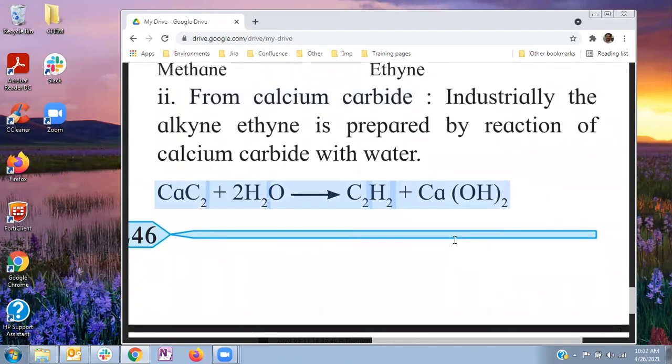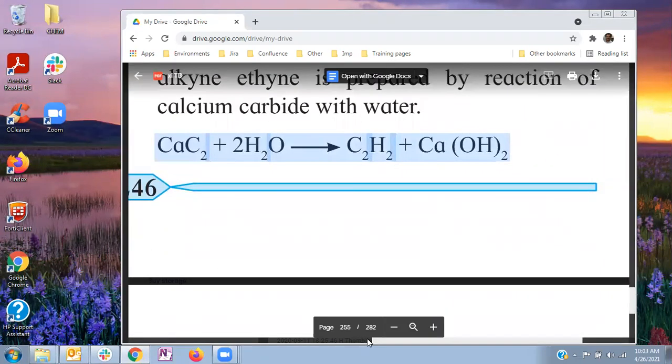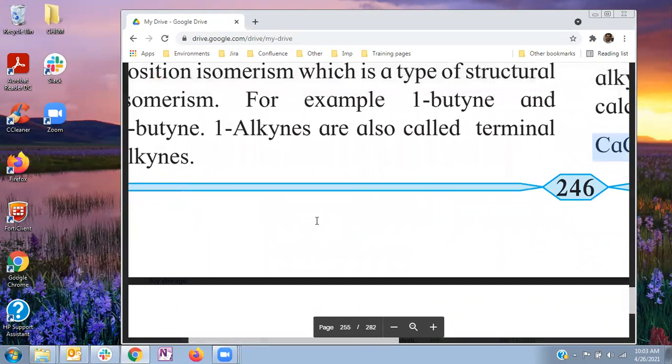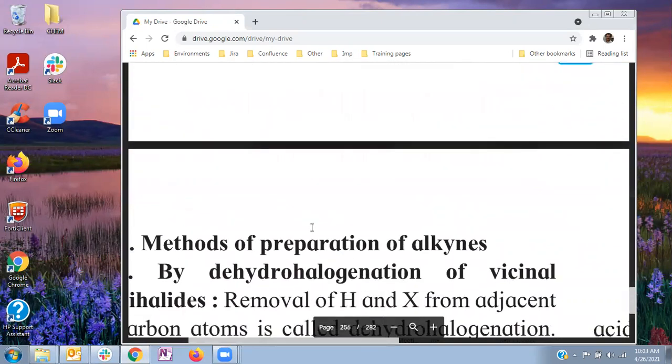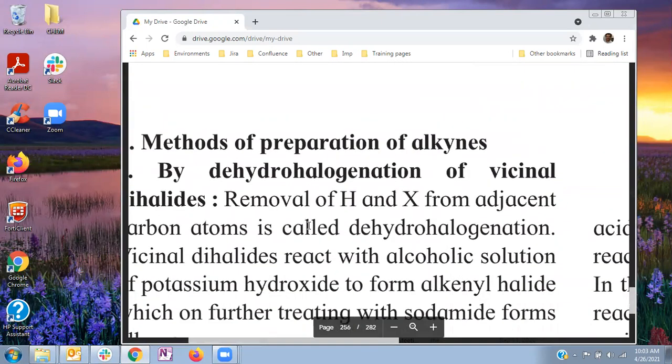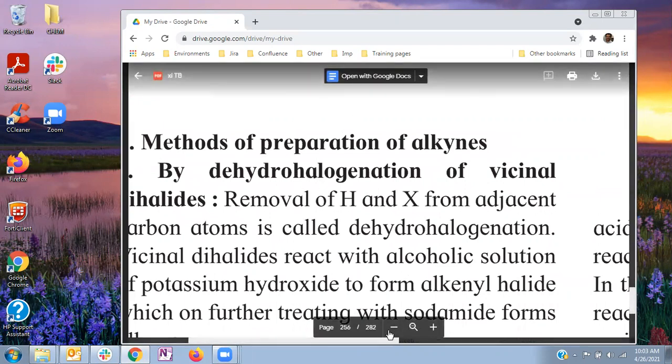So that is one type of preparation method of alkyne. Then the second is the laboratory methods.